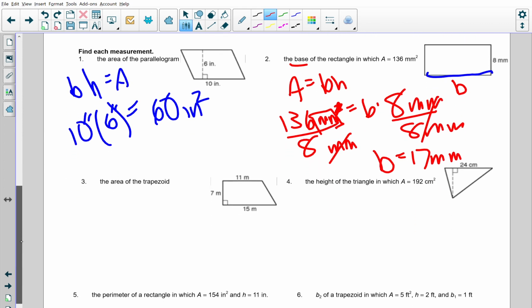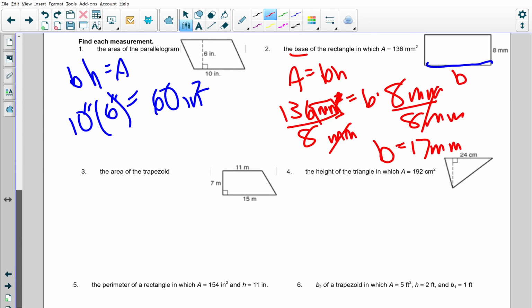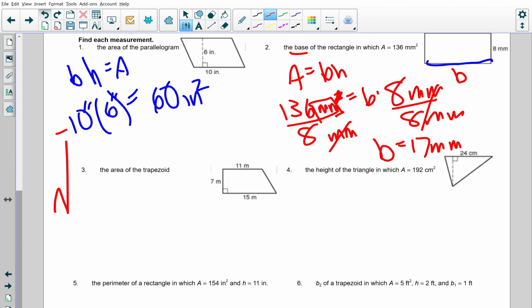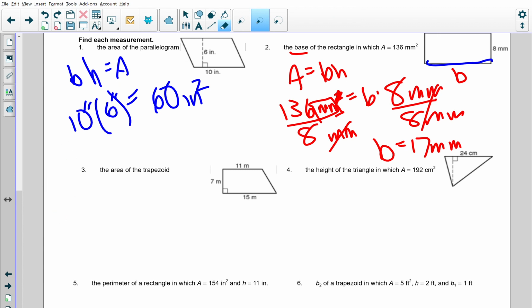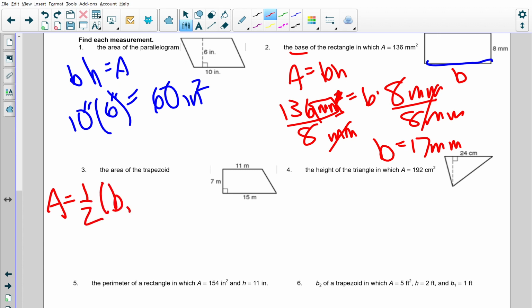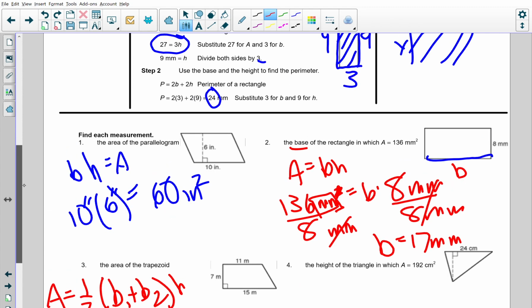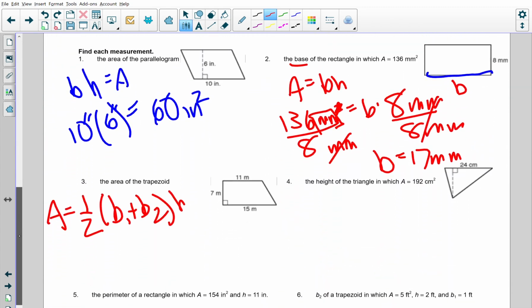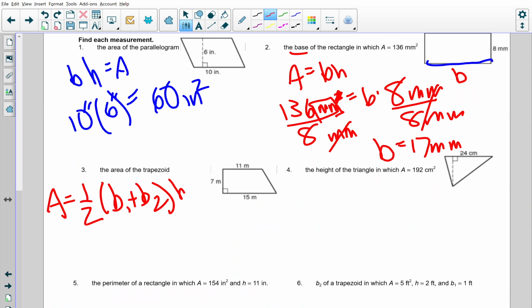Area of the trapezoid. Remember, area of a trapezoid is, bang. So fill in the blanks.